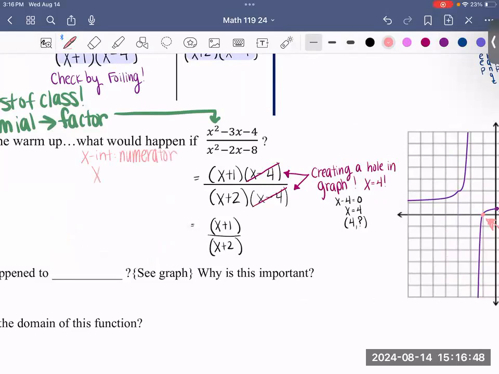So x plus 1, we can set that equal to 0, just as we've done with, well, I guess we haven't done solving quite yet, but this is going to be our precursor to what we're going to be doing in chapter 1.8, where we're talking about solving, right, finding x-intercepts. But this is where your x-intercept is.